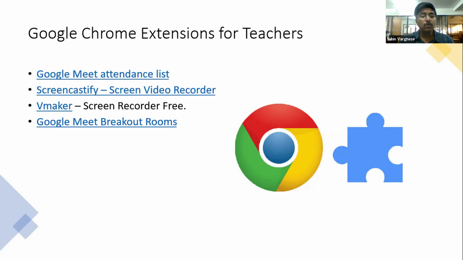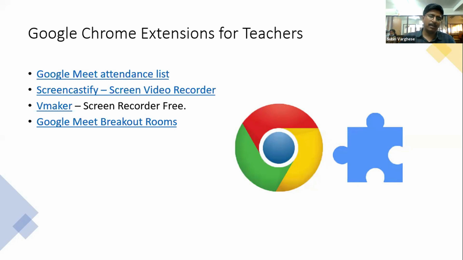Next one is Google Meet breakout rooms. As Prashant was mentioning here in this meeting, Zoom is a platform where you can make breakout rooms for meetings. And even in Google Meet, you have a facility to have breakout rooms, up to 100 rooms. But again, it's only for the paid users of domain ID.